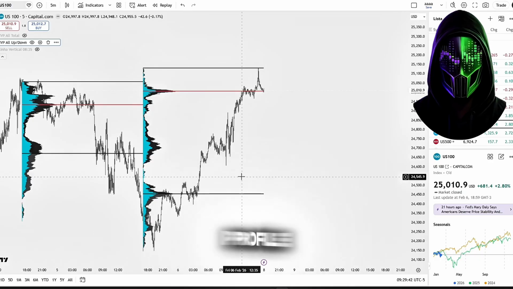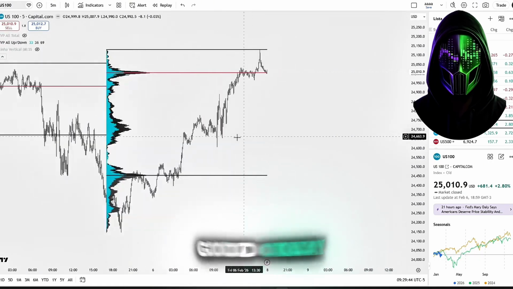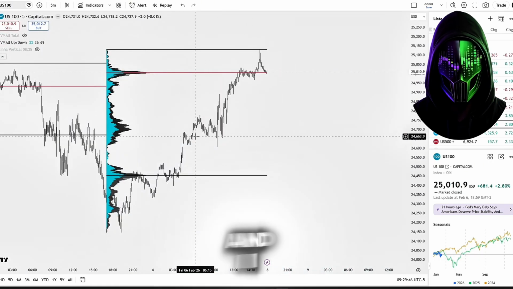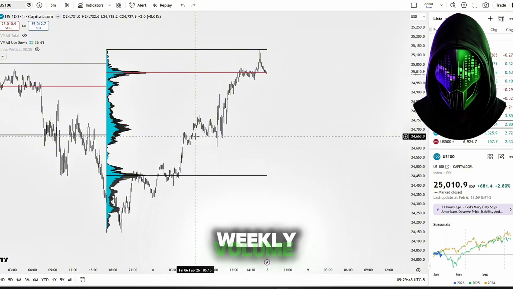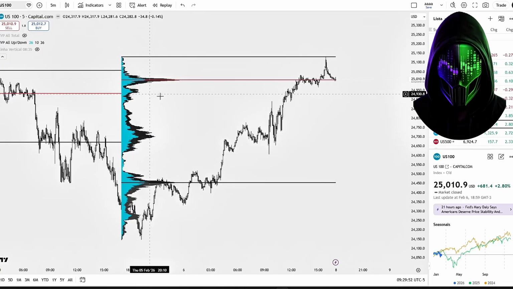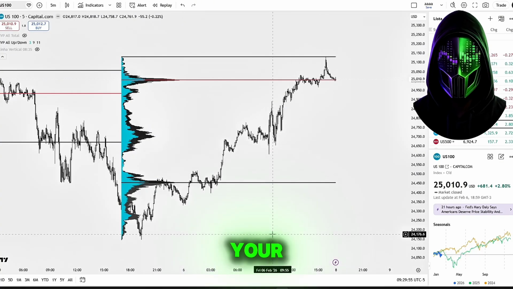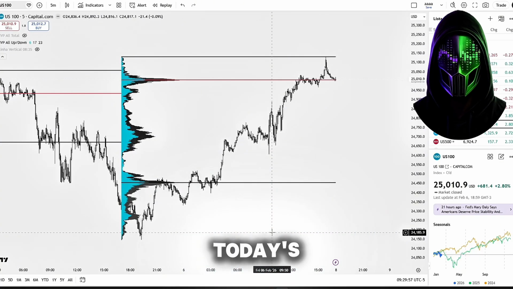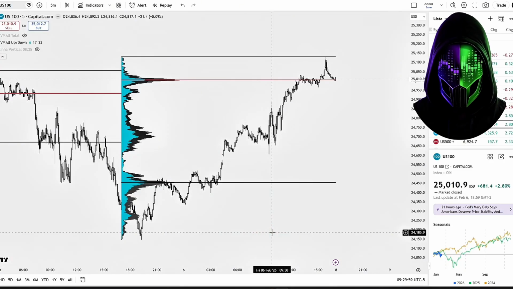But the session volume profile is also very good. You can use it, and I use it in confluence with the weekly volume profile. So now we have set up your volume profile on your charts, and that's it for today's class.